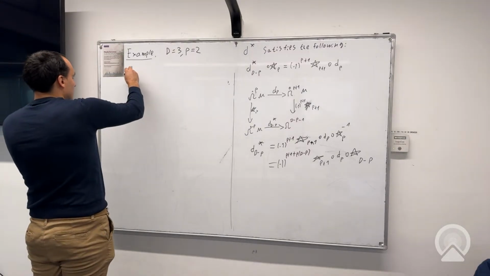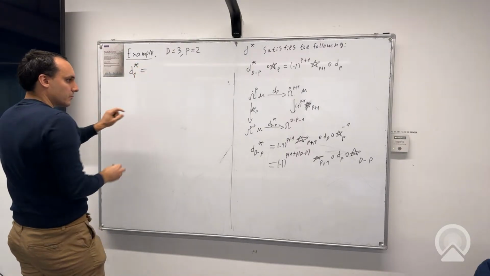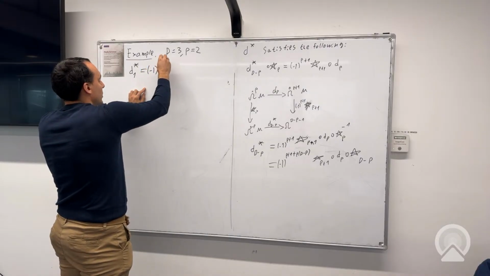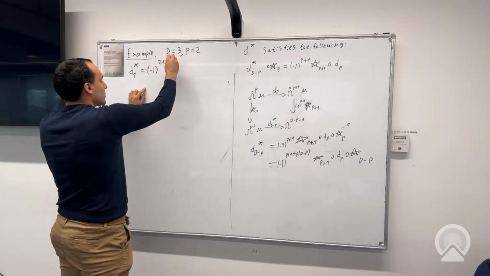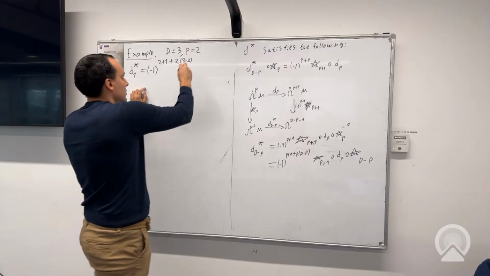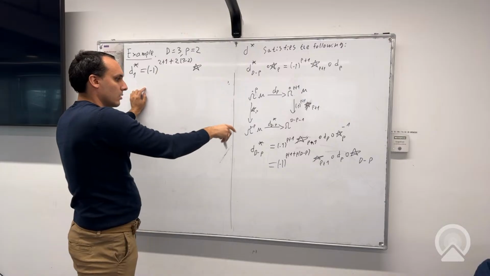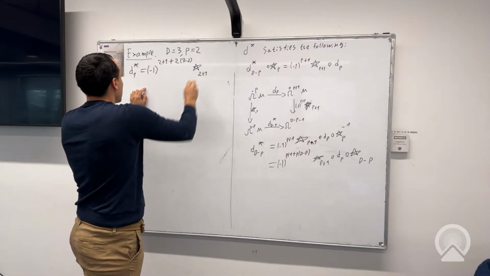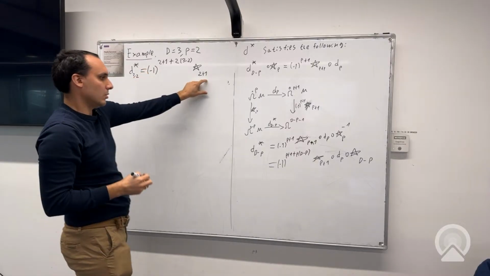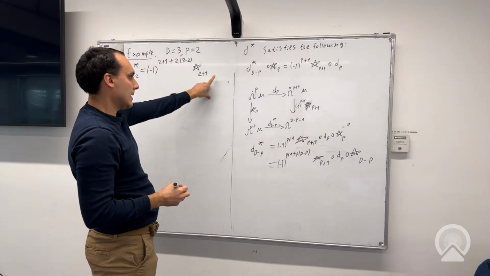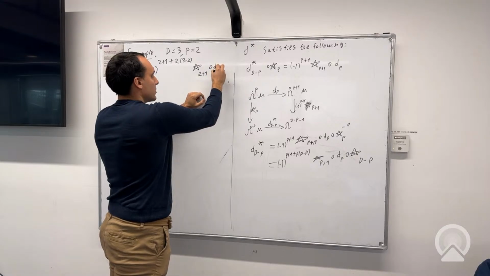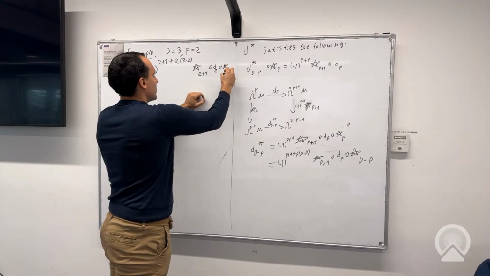So d1 star will be minus 1 to the power of 2 plus 1 plus 2 times 3 minus 2, star 2 plus 1. Okay, write it: this is 3 minus 2, 2 plus 1, d2, star 3 minus 2.